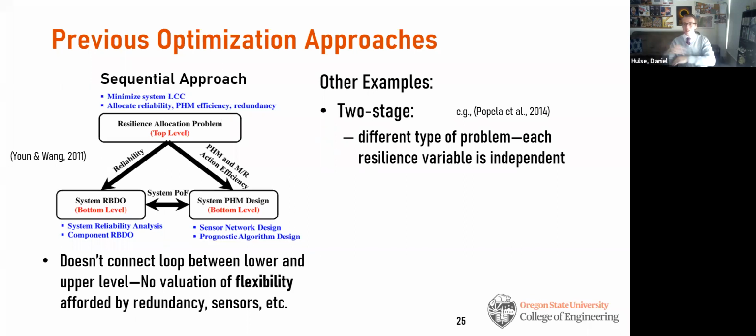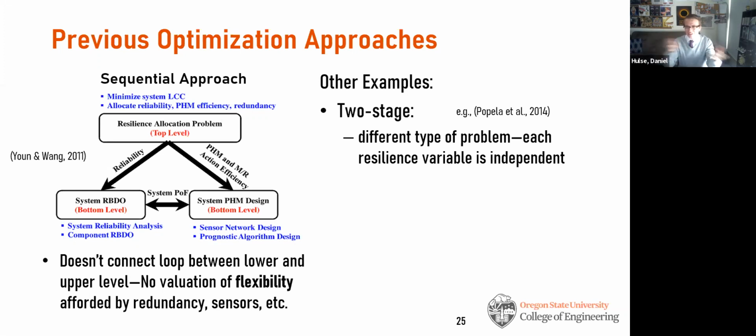There have been other examples of different architectures put out there for resilience also. So there's this idea of two-stage optimization. While this has been widely explored, it's only applicable to a specific type of resilience problem, where you can optimize the full set of resilience variables post hazardous event.